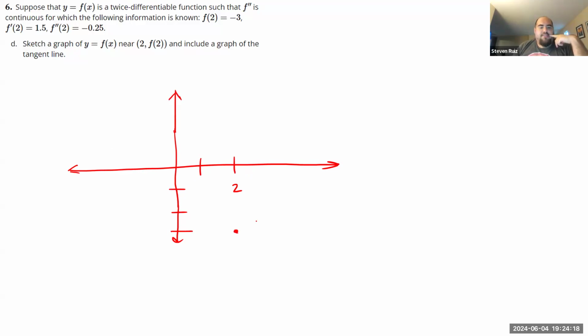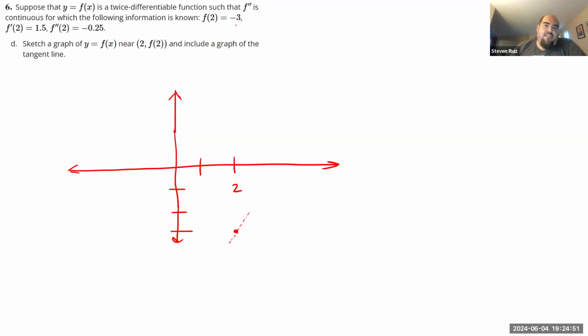We know this point exists on the graph. We also know that the rate of change, f prime, is 1.5. So if I draw a little tangent line here, that's going to have a slope of 1.5, which, let's say, looks like that. Let's say that is a slope of 3/2.